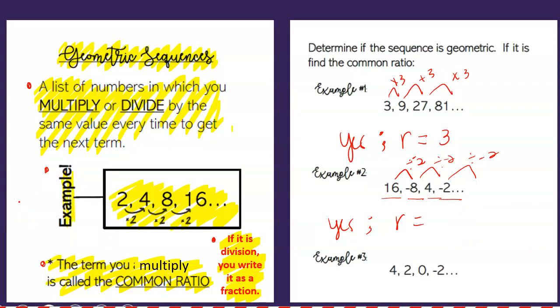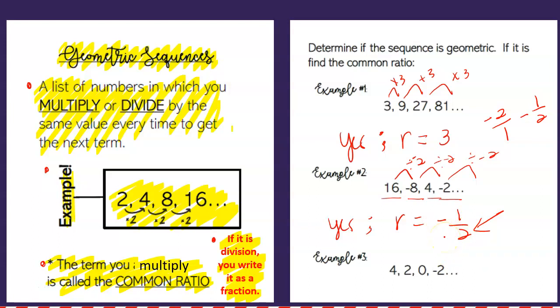The reciprocal means to flip the number. So if we think about negative 2, as a fraction, negative 2 is negative 2 over 1. So then the reciprocal of that, if I flip it, becomes negative 1 over 2. So my common ratio is negative 1/2, which tells me I'm dividing by negative 2. If you think about a fraction, the denominator is the number you divide by.